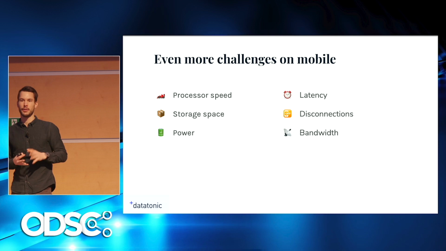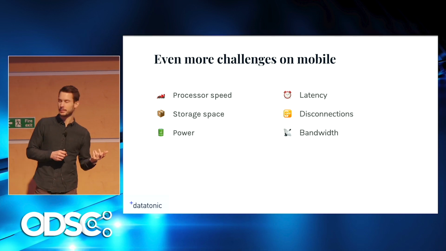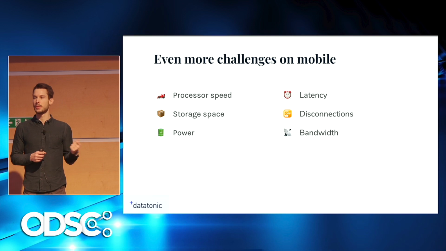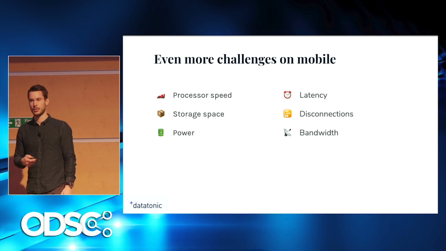The model is only 40 megabytes initially, so that's all right, but with every model update, you don't want to download huge amounts of data. And lastly, we're all quite anxious about battery levels and power consumption. You don't want this app to drain your battery, right? You could also choose to deploy the model in the cloud or any other service and connect to it, but then you have problems with bandwidth, with disconnections, and even latency. So we chose to do this completely on device.